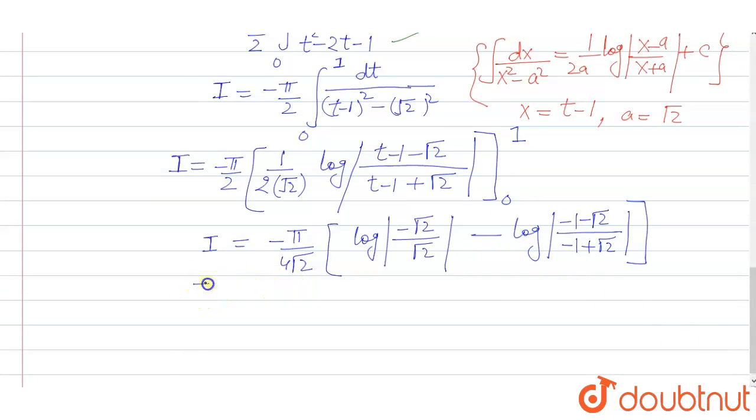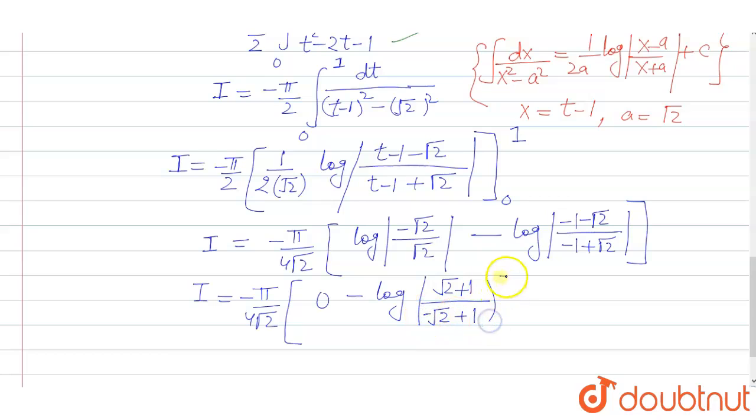So integral I becomes minus pi by 4 root 2 in multiplication. This is log of mod of minus 1, so this is 0, and this becomes minus log, taking minus common from both, root 2 plus 1 divided by root 2 minus 1 under mod.